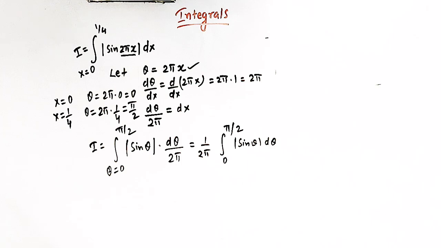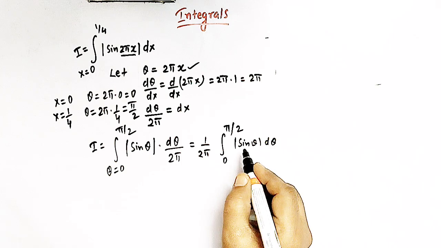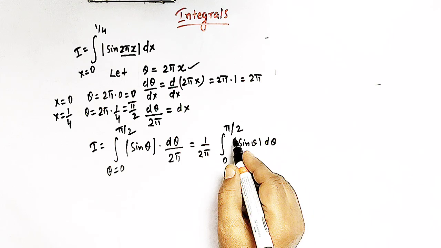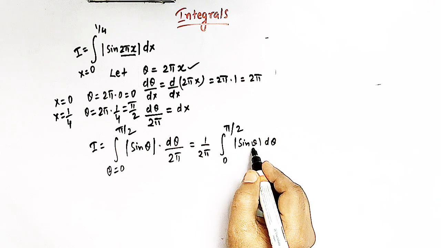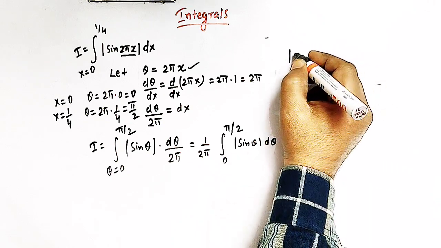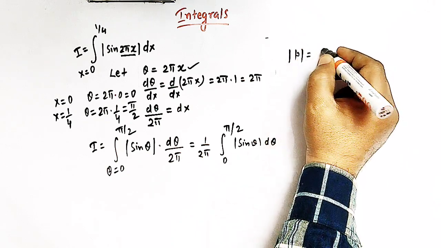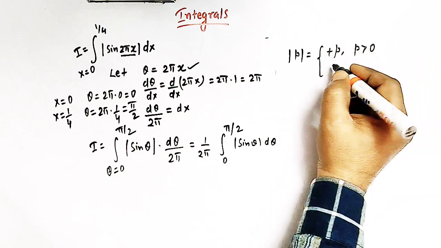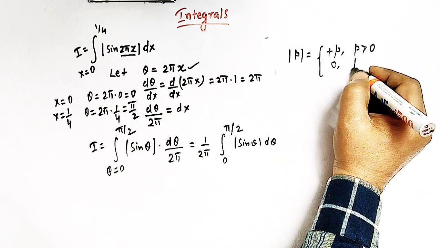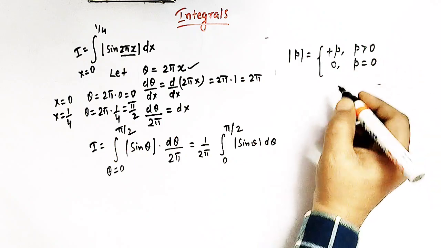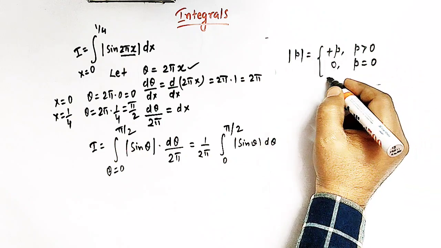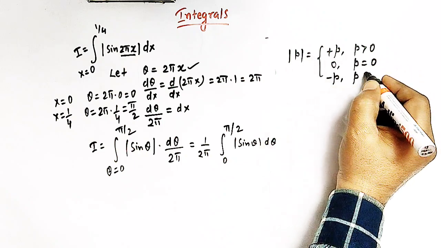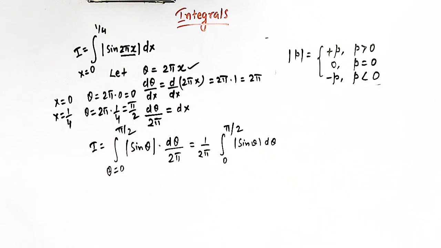Let us now apply the definition of the mod function to this integrand, mod of sine theta. We know that mod of p is positive p whenever p is greater than 0, mod of p is 0 when p is equal to 0, and mod of p is negative p whenever p is less than 0, right?